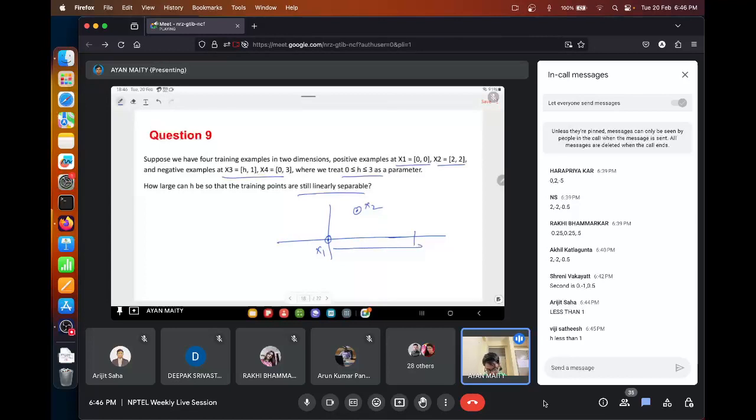And the y component is 1, so if this is y equals 1, then the x3 point can be anywhere on this straight line. And x4 is (0, 3), so it will be somewhere here.